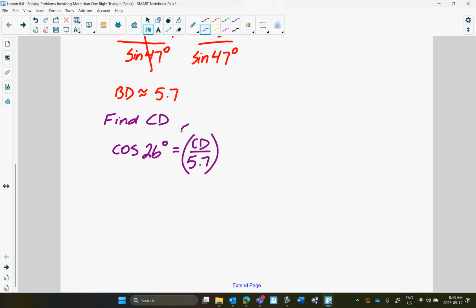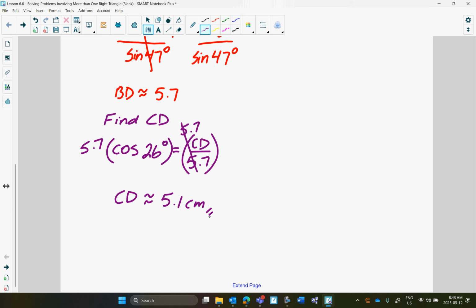Multiply both sides by 5.7 to get rid of the fraction. So that means CD is going to be 5.7 times the cos of 26, rounded to 1 decimal place, which will give 5.1. And there were units, so we want to make sure to have that in.